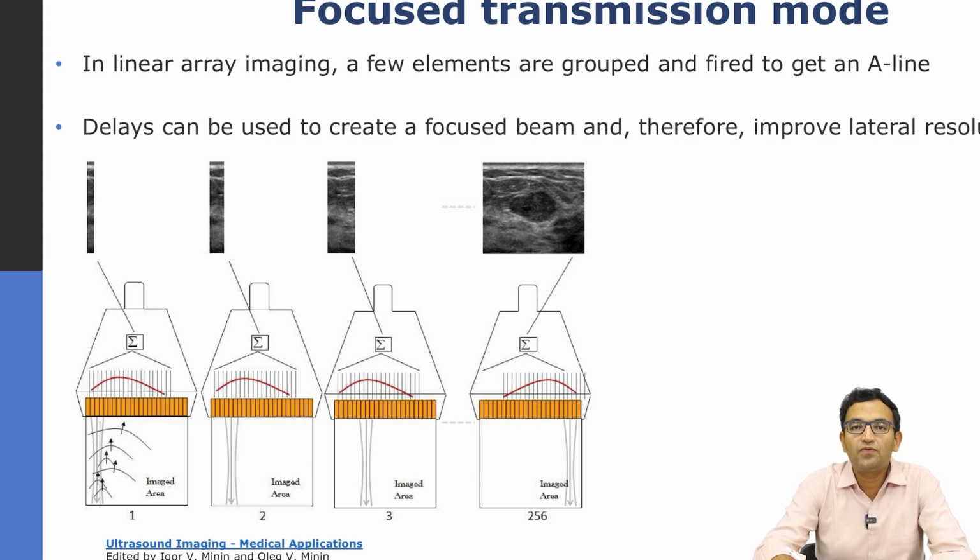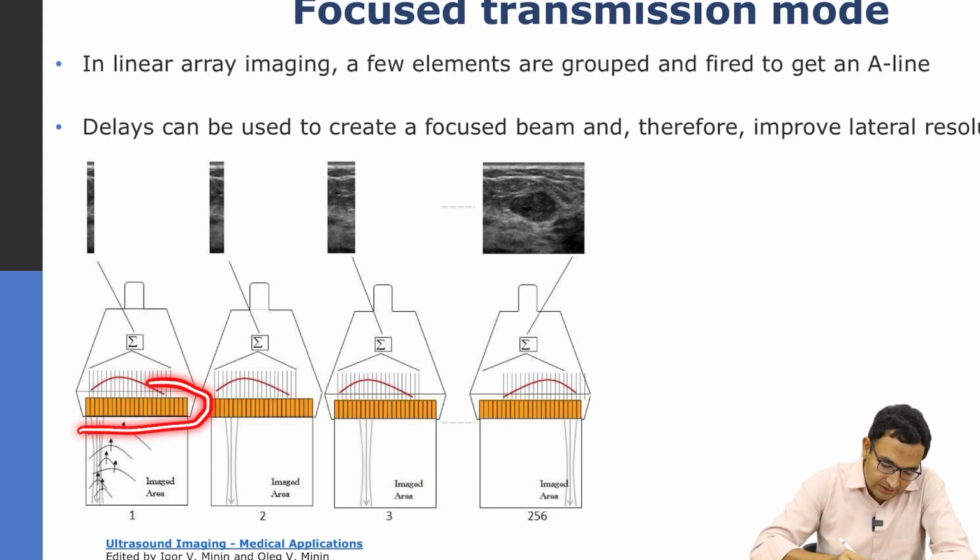The number of fires will be 128, the total number of elements in the array, minus the number of grouped elements, which is 32, plus 1. So 128 minus 32 plus 1 would be the number of times we would have to fire to create an image. That is shown here.